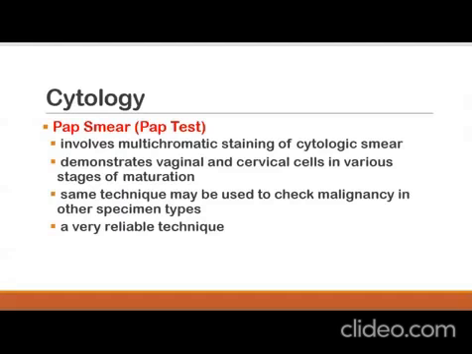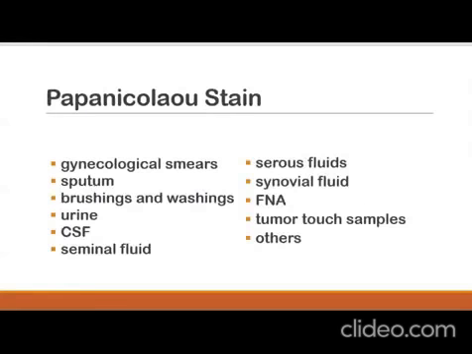So, cytology man ito, nag-i-involve ng cells, you can actually utilize Pap smear staining. Okay, so what are the other specimens? So aside from the gynecological smears, you can also use Pap staining method when you want to observe the cells in the sputum, in the brushings and washings, in the urine, in the cerebrospinal fluid, in the seminal fluid.